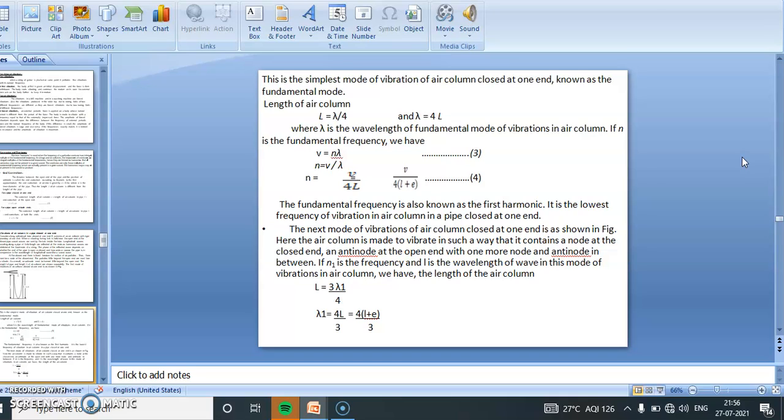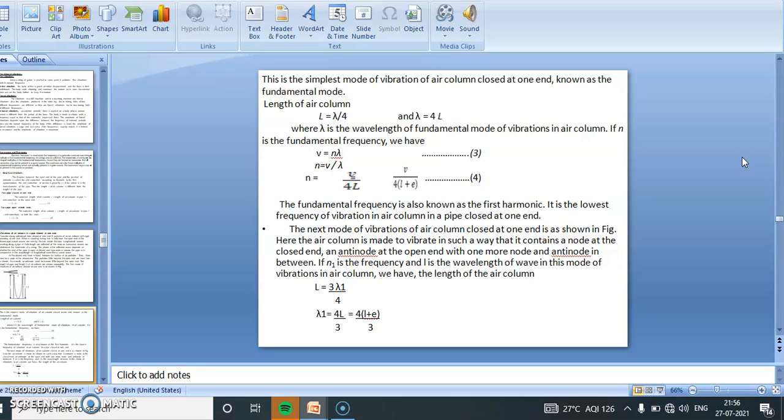If n is the fundamental frequency, then we have the relation between the frequency, wavelength and velocity. That is V is equal to n lambda. Equation number 3. Here we get the frequency n is equal to V upon lambda.